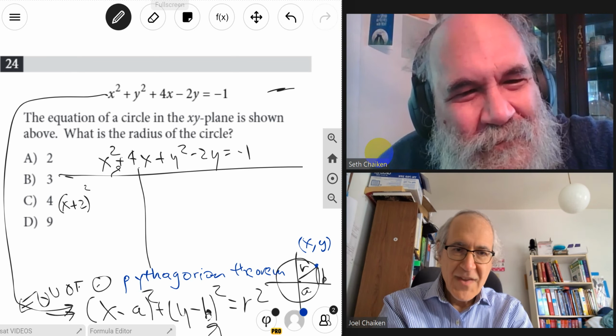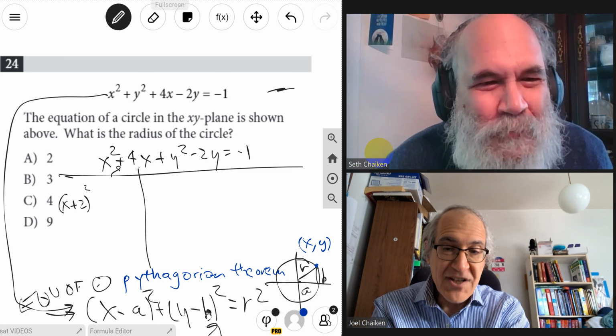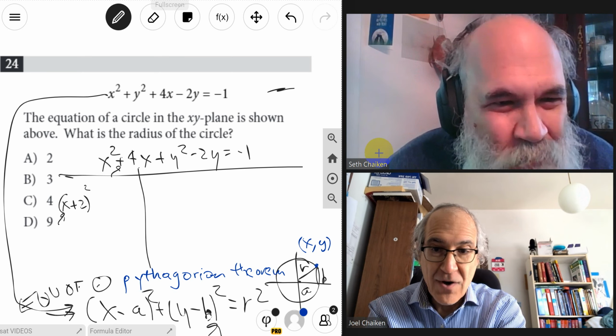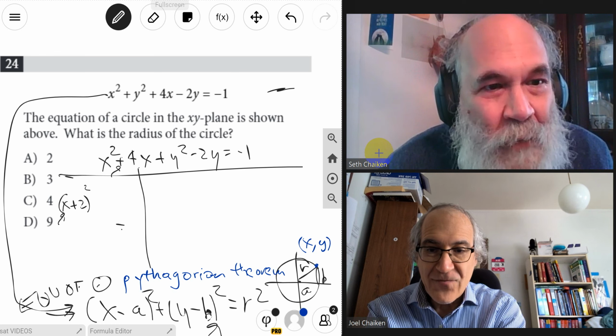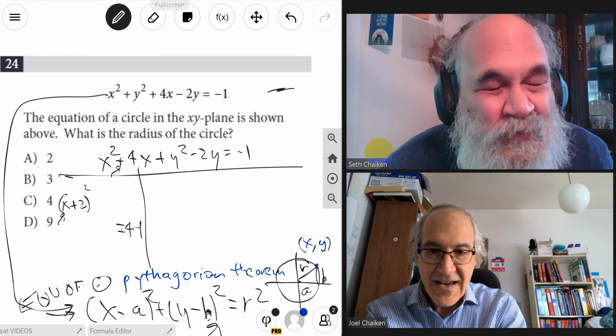Now, that x plus 2 squared actually introduces a plus 4. If you FOIL this out, you get x squared plus 4x plus 4, which means that you have to add a 4 on the other side, to take that into account.